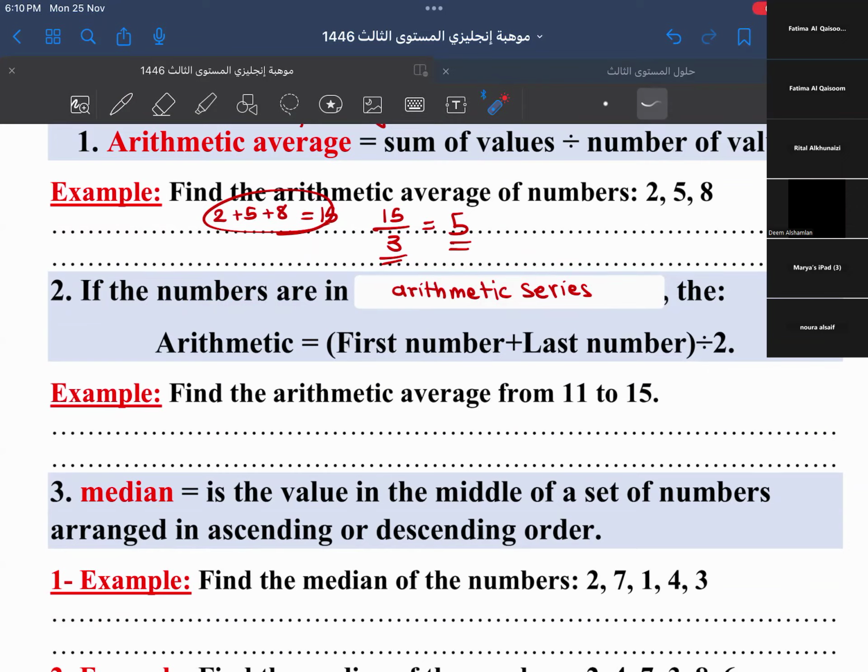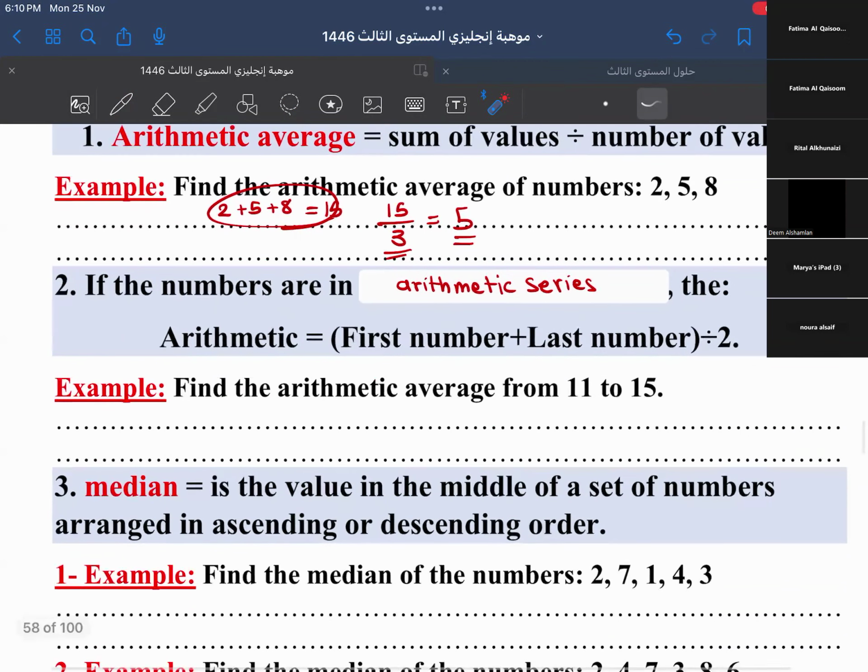So here we're mainly talking about the series where we only add 1. For example, in the question, they're saying find the arithmetic average from 11 to 15. So the arithmetic series that we're going to have is 11, 12, 13, 14, and 15, plus 1 each time. So this is called arithmetic series.